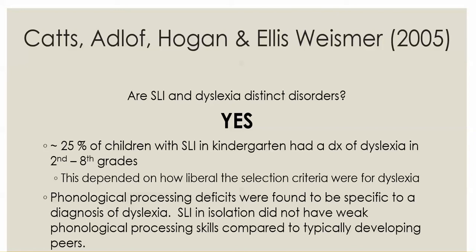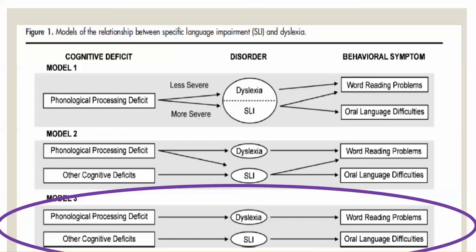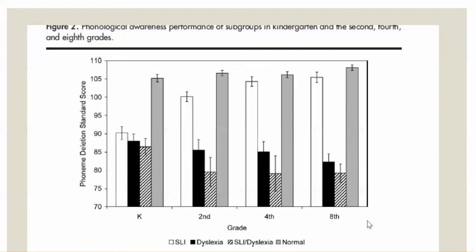Those kids did just as well on phonological tasks as their typically developing peers. So this does truly highlight this model, that dyslexia is more of a phonological-based deficit and SLI is stemming from other cognitive-based deficits. We still need more work to find out what exactly those are, but we do know how it presents itself as oral language difficulties.